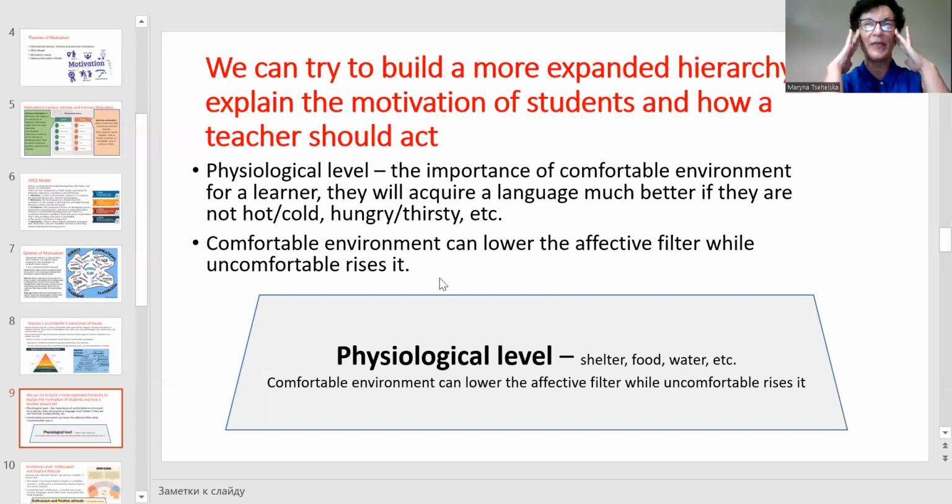Now stop and think of the previous lesson, and you will see that the physiological level is a part of the affective filter. So if your students are feeling good, it means that their affective filter is very, very low.